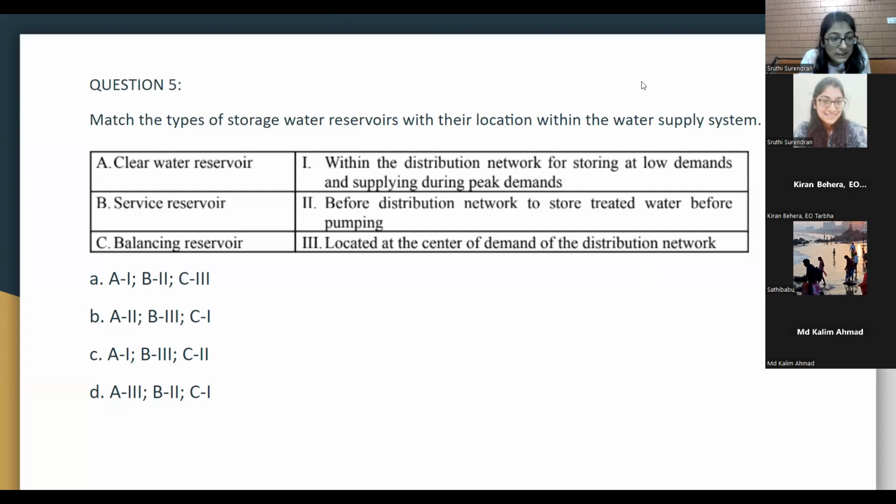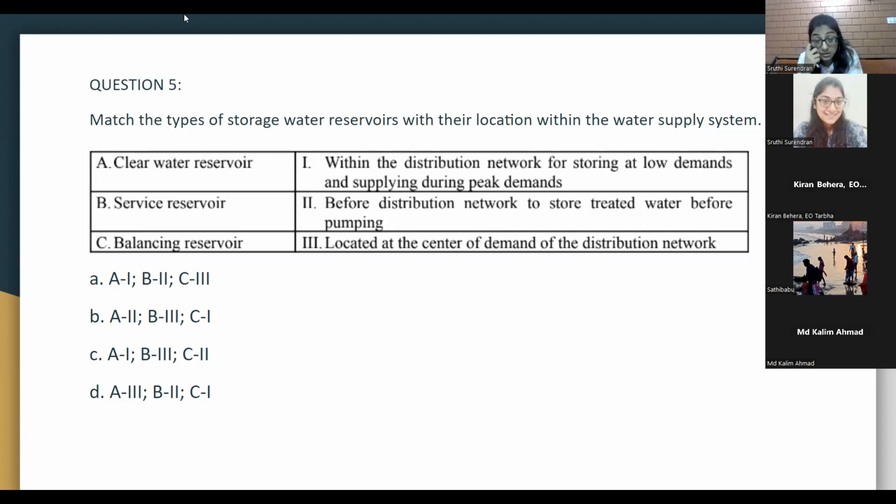Okay, Vijay has said it's D. That's it. I mean, Vijay is the only one who has given the answer.